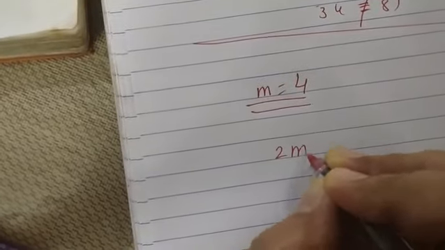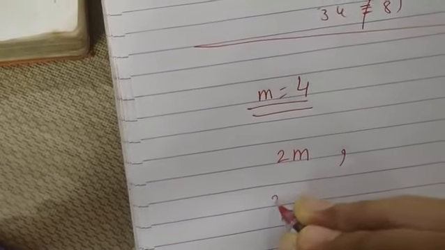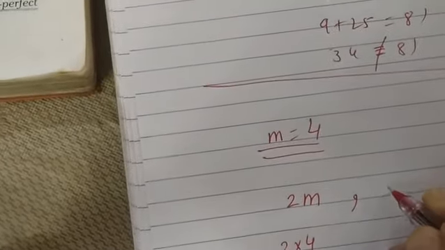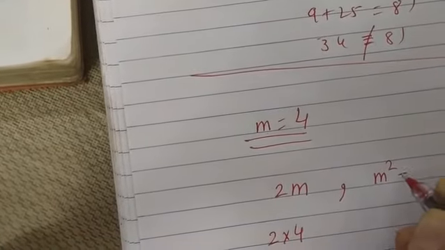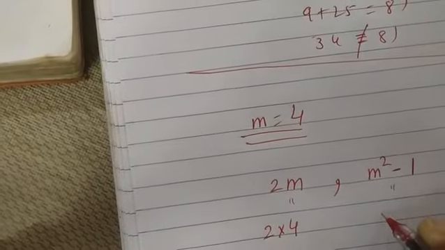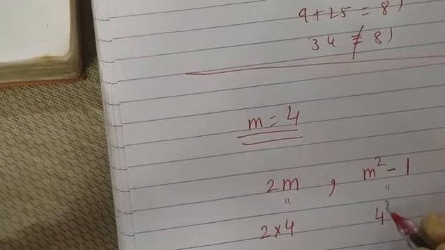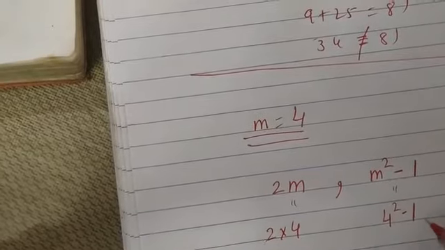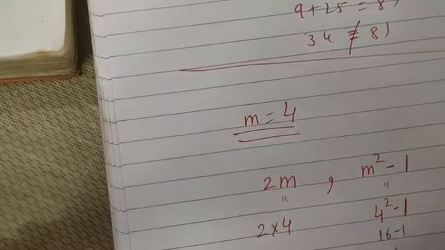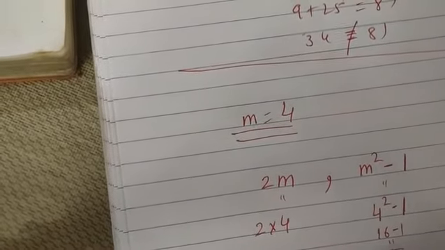So our first number will be equal to 2m. 2m means 2 into 4, that is 8. The next number will be m square minus 1. m square minus 1 means 4 square minus 1, so 16 minus 1, that is 15.